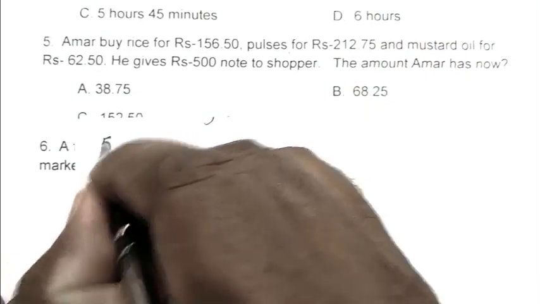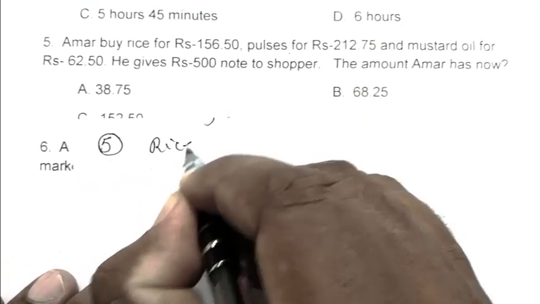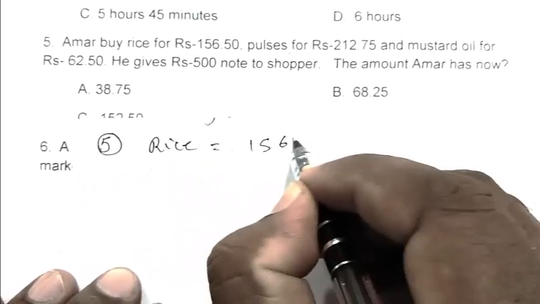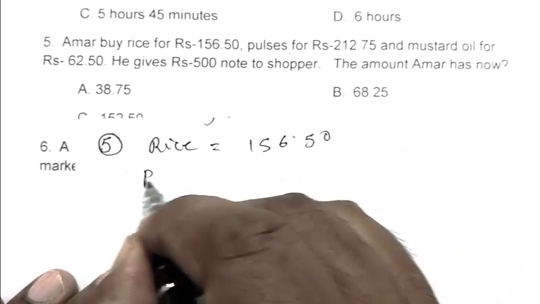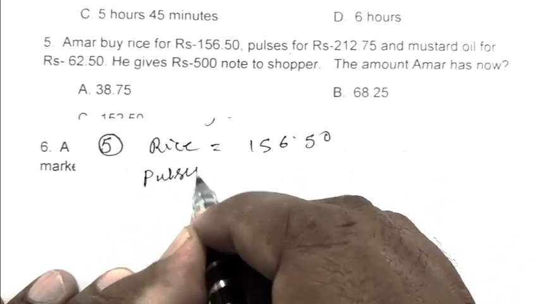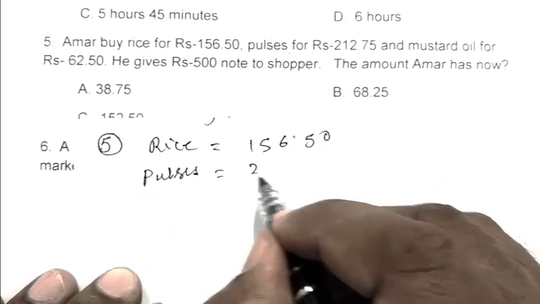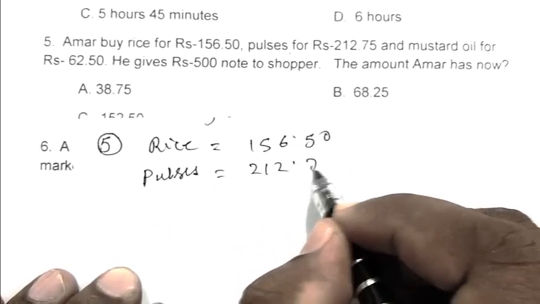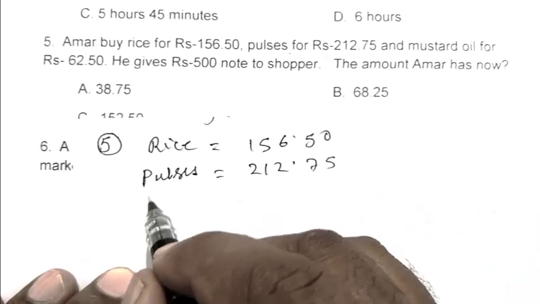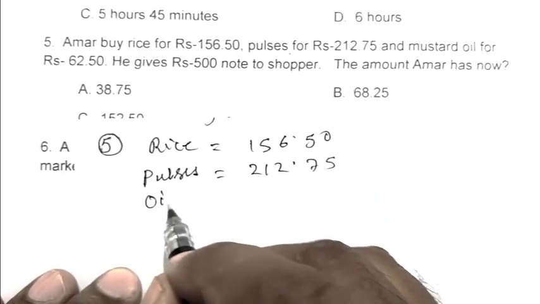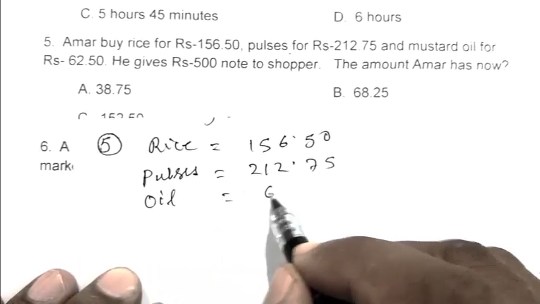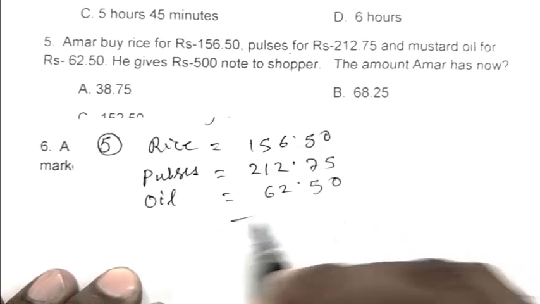First he buys rice, that is 156.50, pulses 212.75, and mustard oil, that is 62.50.